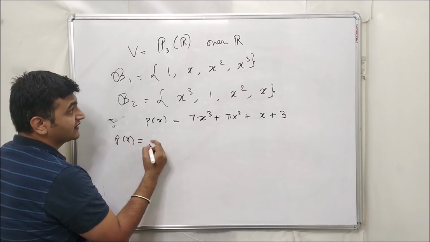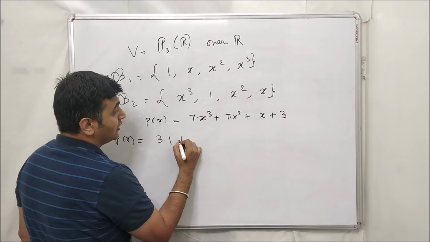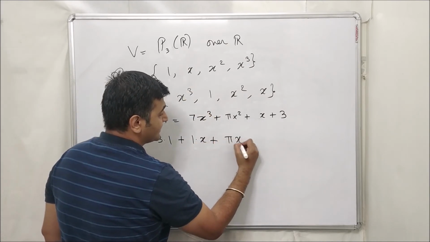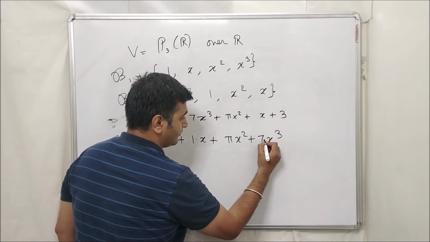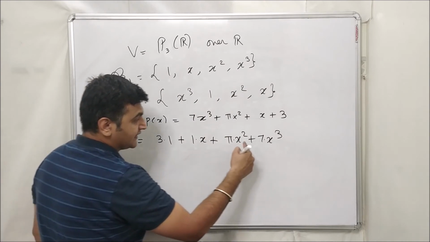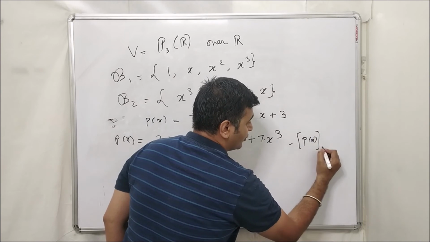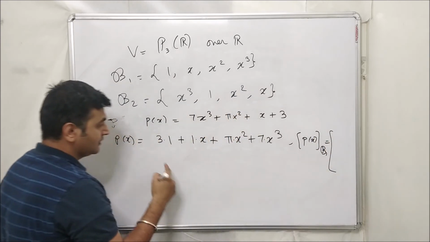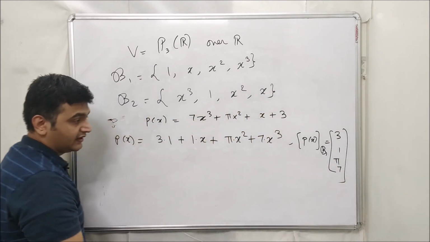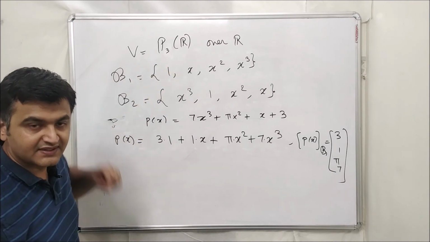P of x is 3 into 1 plus 1 into x plus pi x square plus 7x cube. So the coordinate vector for this polynomial with respect to basis B1 is nothing but the coefficients 3, 1, pi, 7. And its order is 4 cross 1 because this is a 4-dimensional vector space.